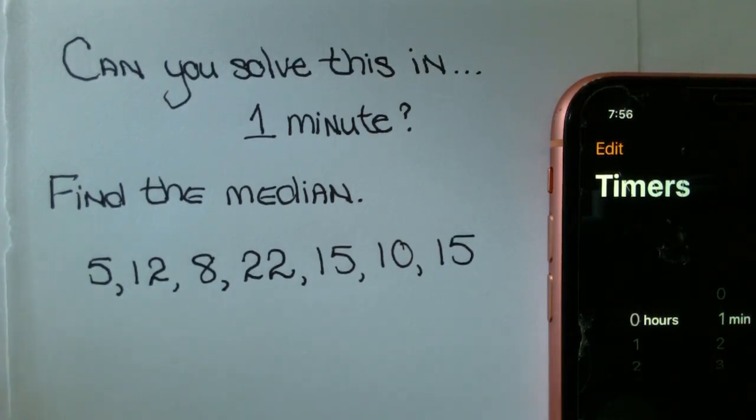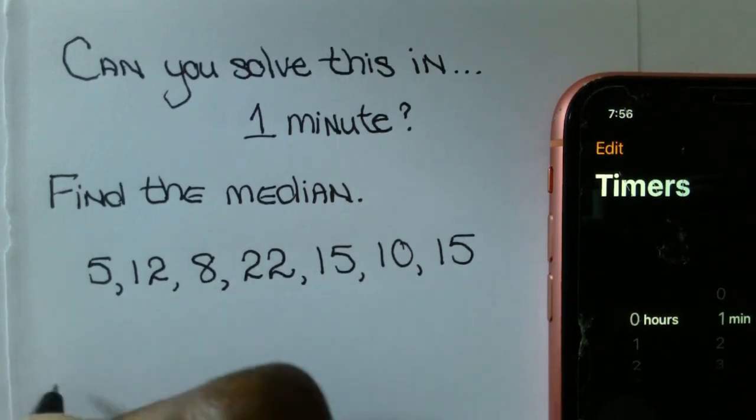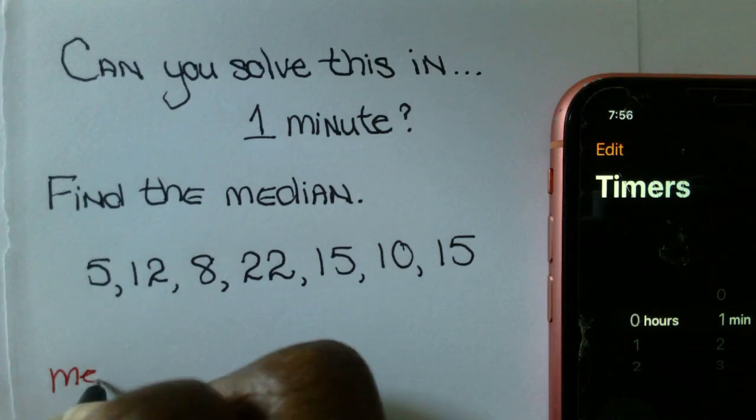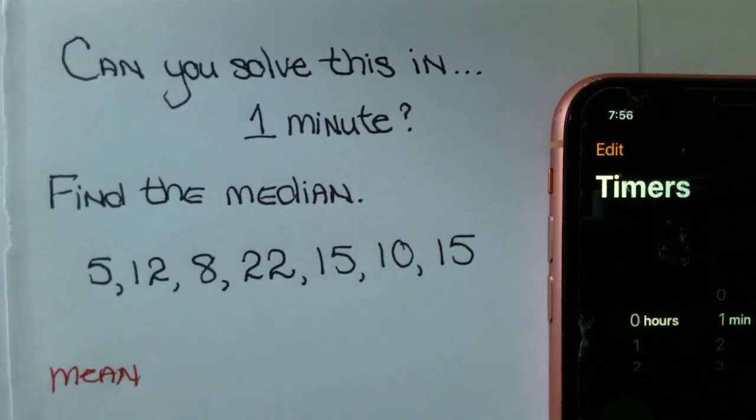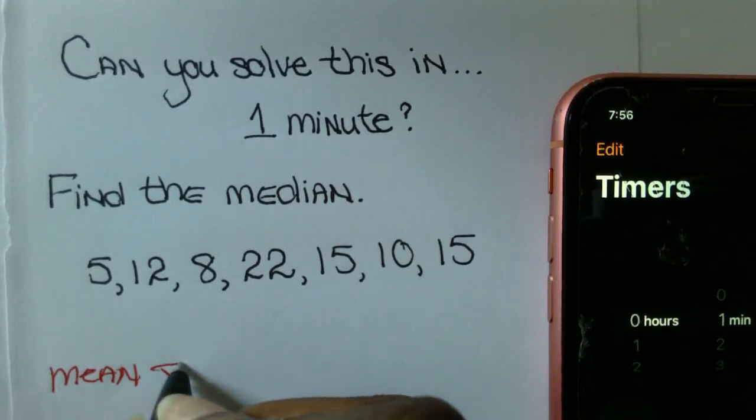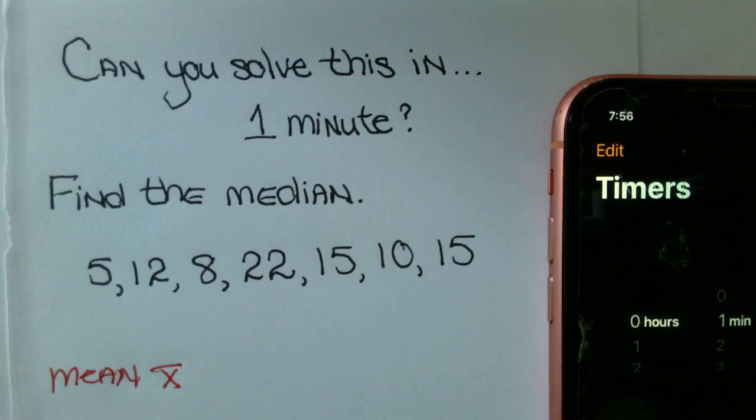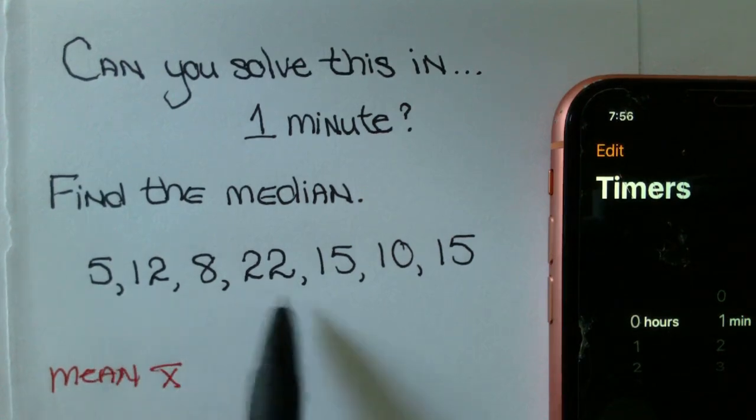Now, mean is your average. That's when you add all your numbers up and divide by the number of numbers. That's why they have this little symbol. The line is representing division, and the x is representing how many numbers you have.